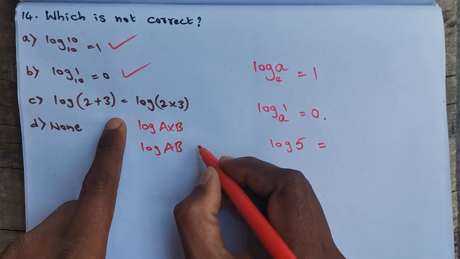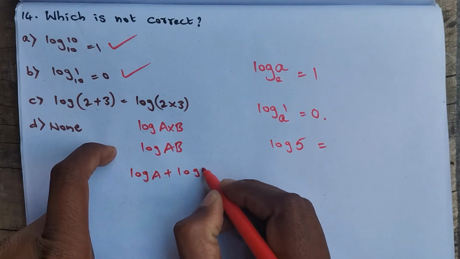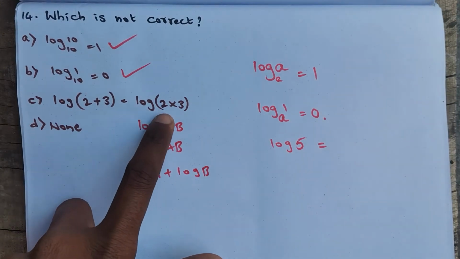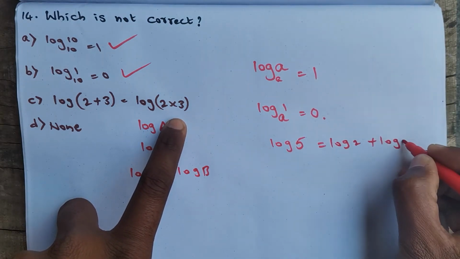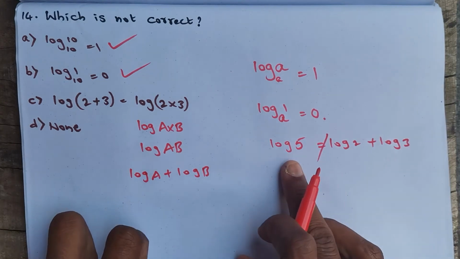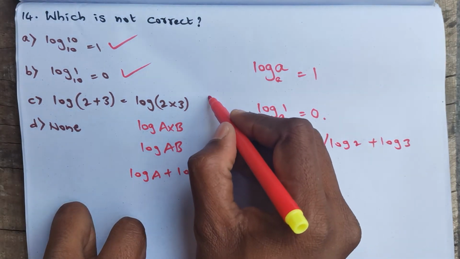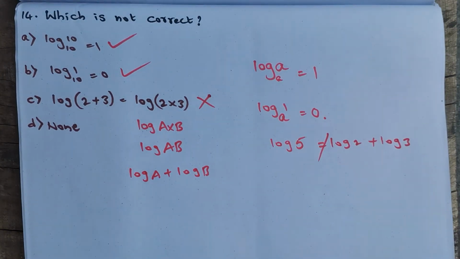So log AB is equals to log A plus log B. Log 2 into 3 can be written as log 2 plus log 3. Log 2 plus log 3 is not at all equals to log 5. So this option C is not correct. Option C is the wrong one. Let's move to next question then.